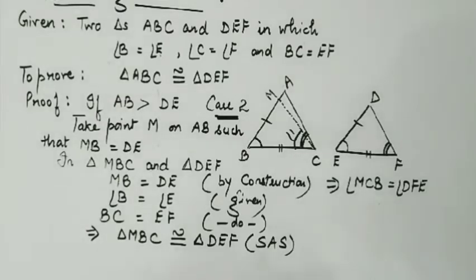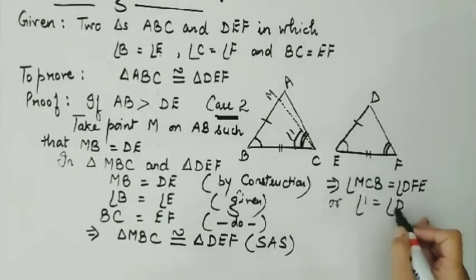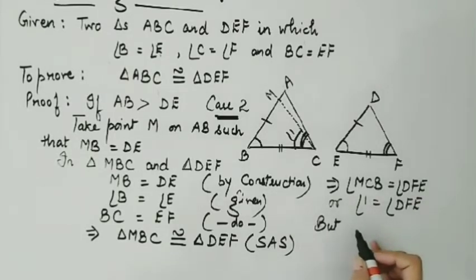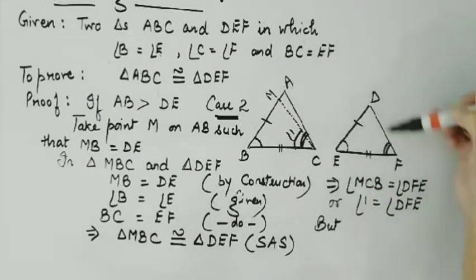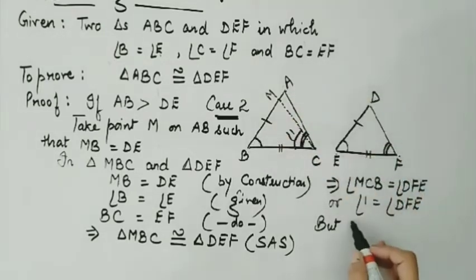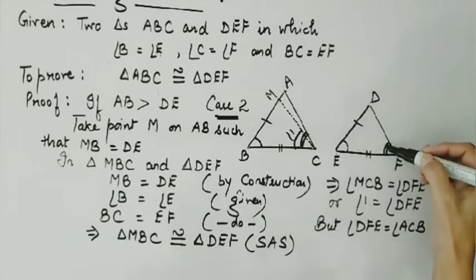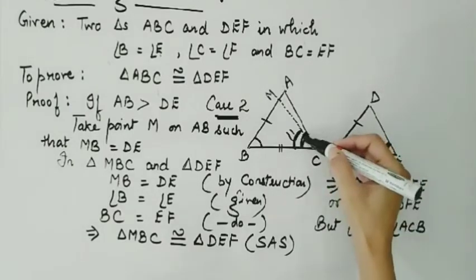So we can mark it as angle 1 is equal to DFE. But what are we given? We know angle DFE is equal to ACB. This angle is equal to angle 1. This angle is also equal to this whole angle.